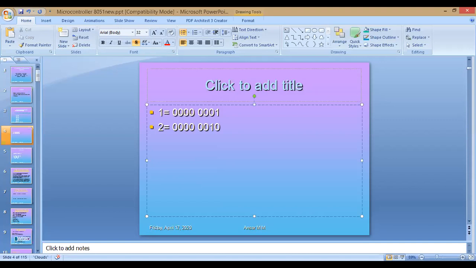So we represent a decimal number in an 8-bit format.